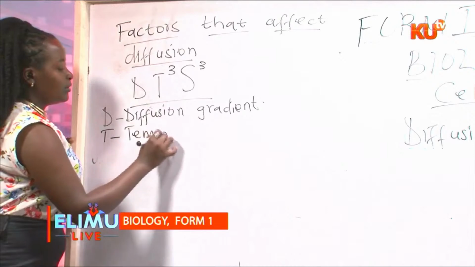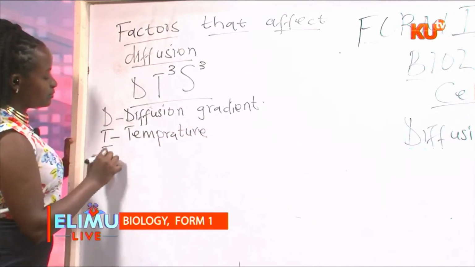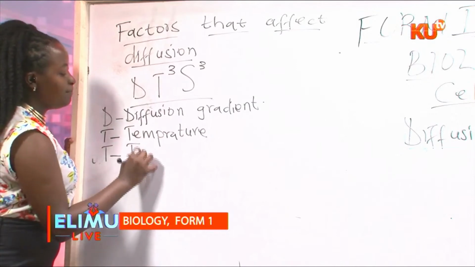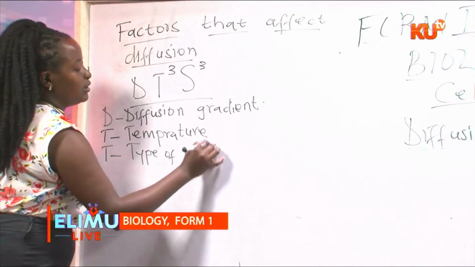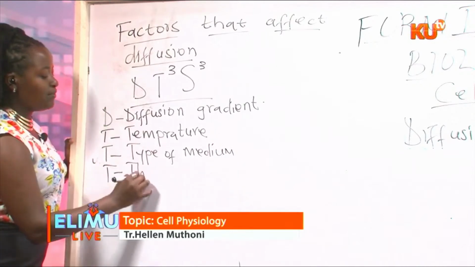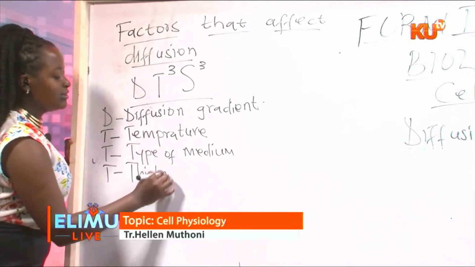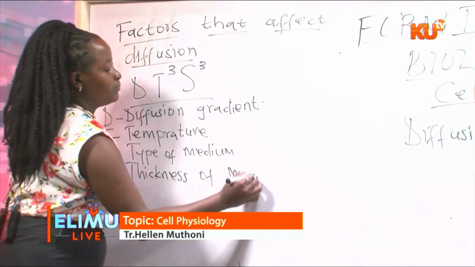The second T is type of medium. The third T is thickness of membrane.